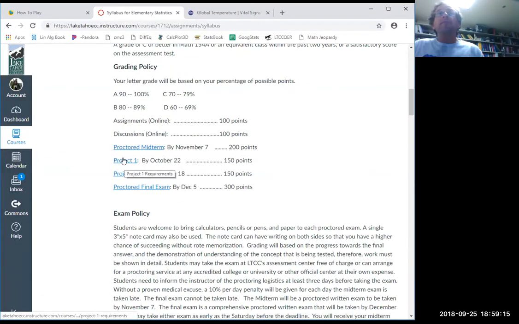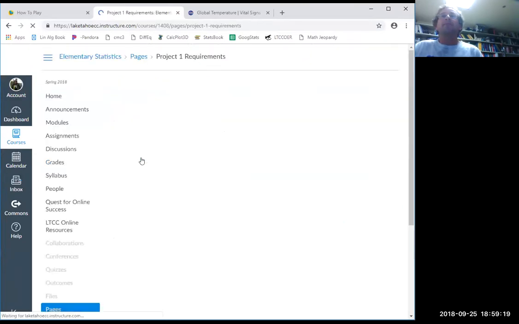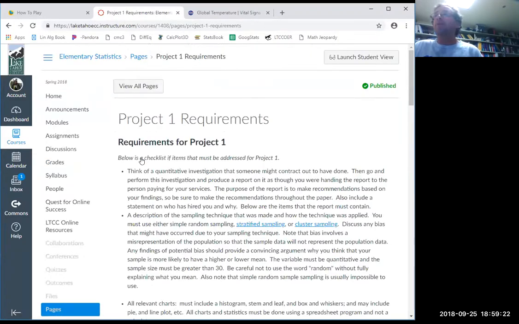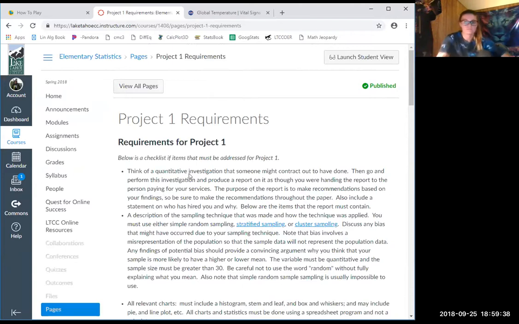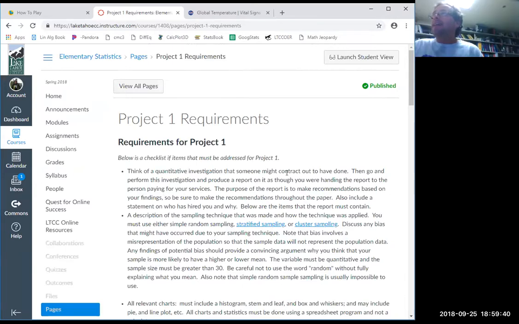So I'm going to click on Project 1. And this is the requirements for Project 1. All right, so think of a quantitative, hopefully you know what the word quantitative means. What's that mean? Numerical. Okay, so a quantitative investigation that someone might contract out to have done.